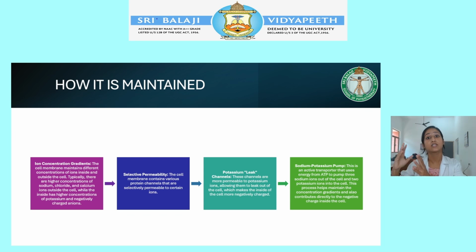And then in the sodium-potassium pump, 3 sodium ions are pumped out and 2 potassium ions come in, with the help of ATP molecules, that is active transport using ATP to fuel this process. This process makes the inside of the cell normally negative. This is the maintenance of the resting membrane potential.